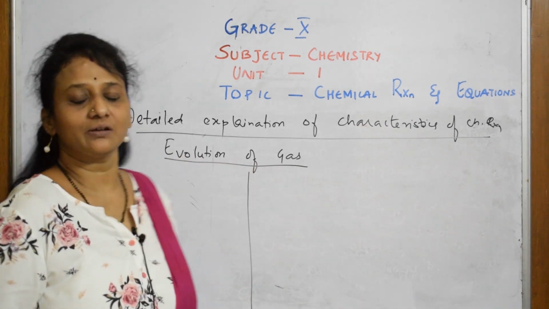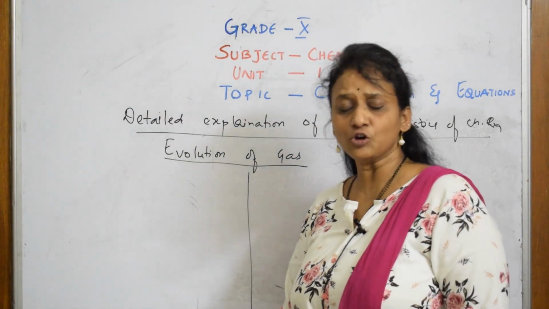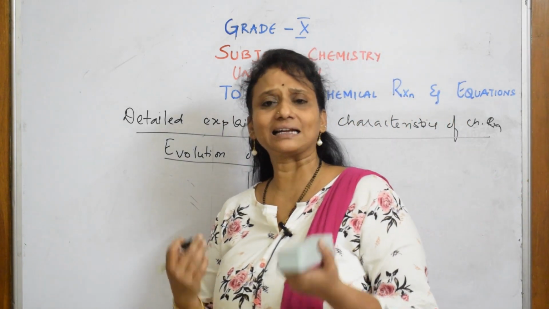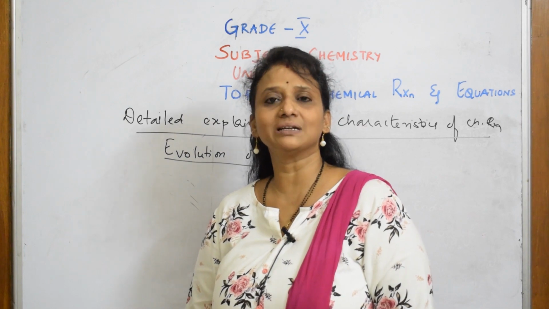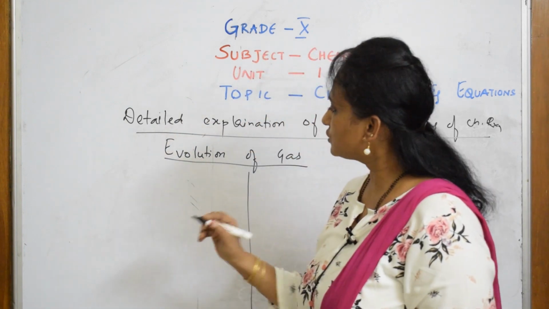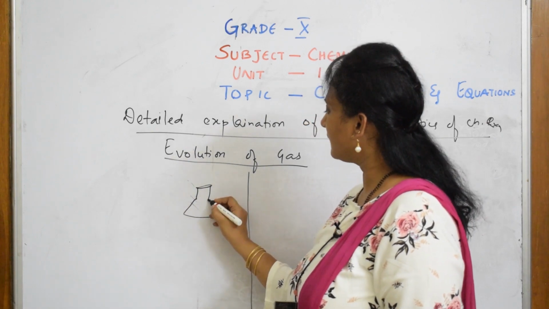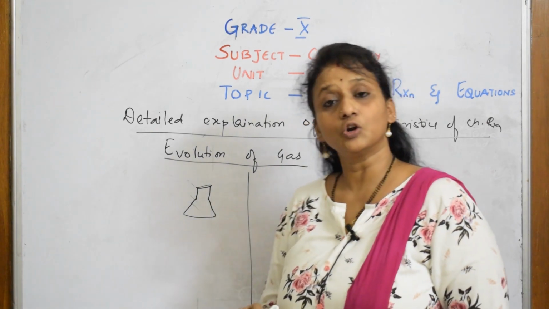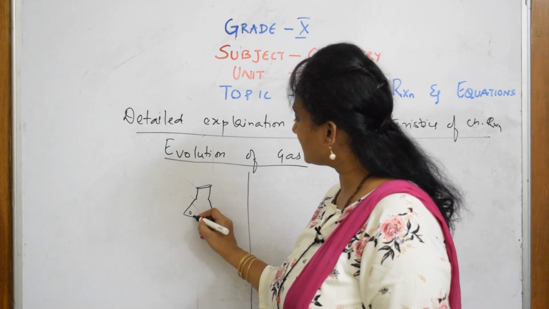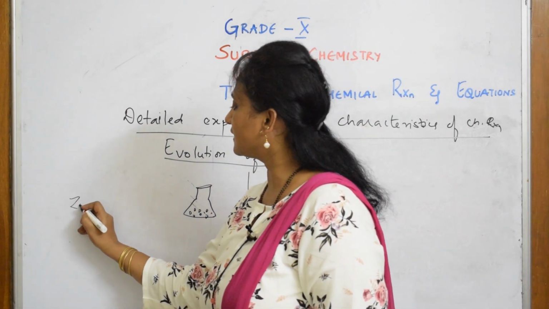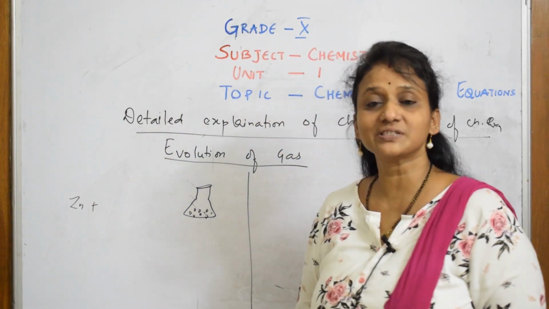Normally, whenever I take a metal, let us take zinc, magnesium, aluminium, sodium, highly reactive metals rather. Suppose I take a beaker like this. In that, I'm going to drop a few pieces of zinc metal. Zn is zinc. What is the physical state of zinc?